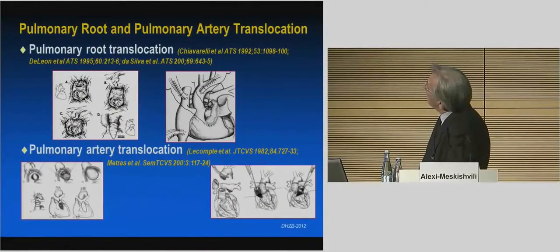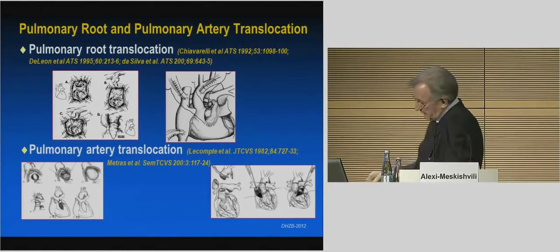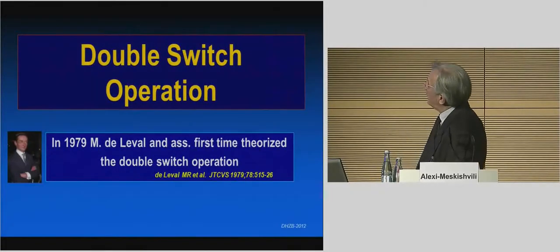Afterwards, some other operations were developed, like pulmonary root translocation by Chiavarelli, pulmonary artery translocation by Lecompte again, and the double switch operation. The double switch operation is now performed more and more frequently by many surgeons.